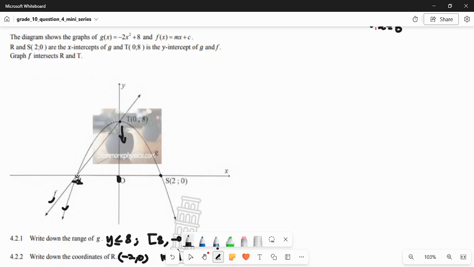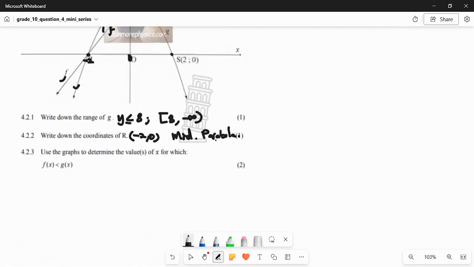At this point they're equal. Now f is below g, and they're equal again here. So between negative 2 and 0, the f function is below g.